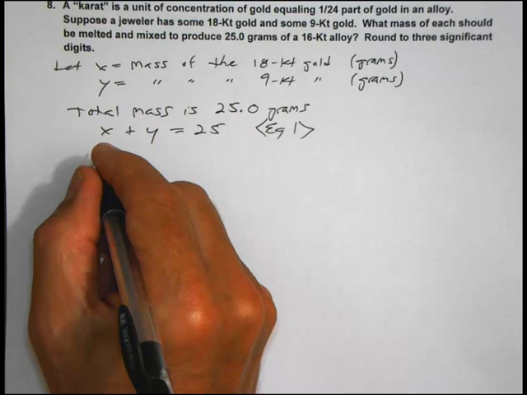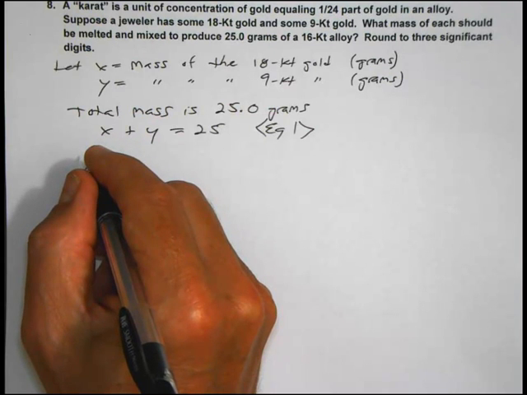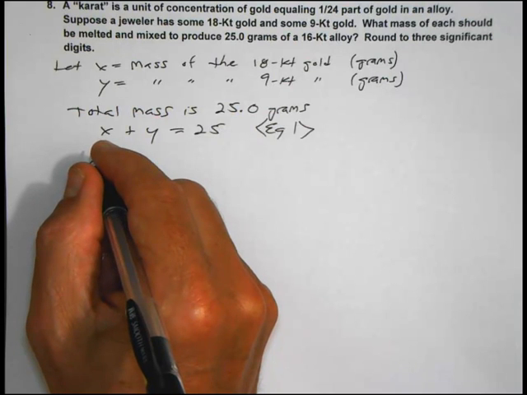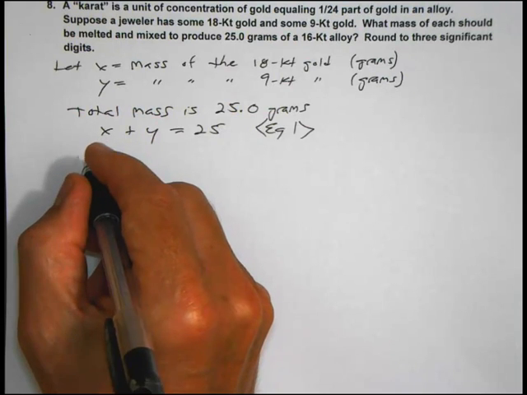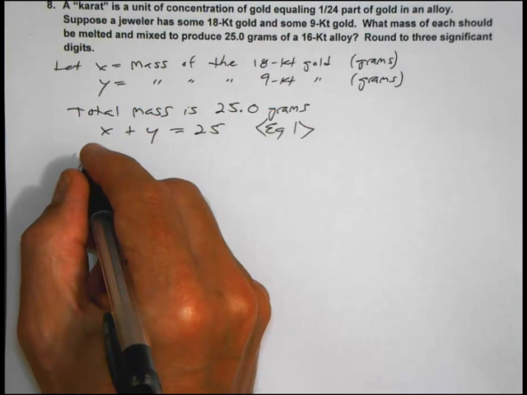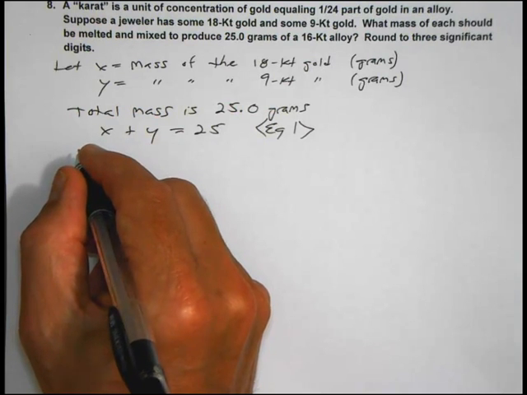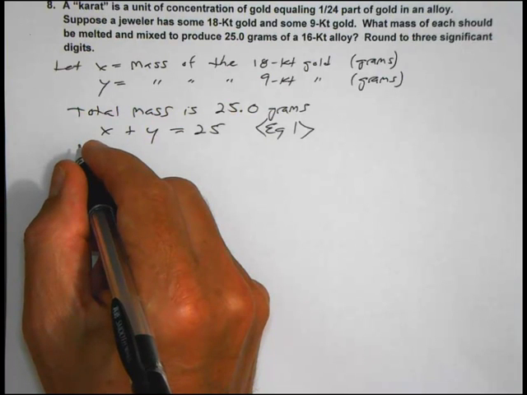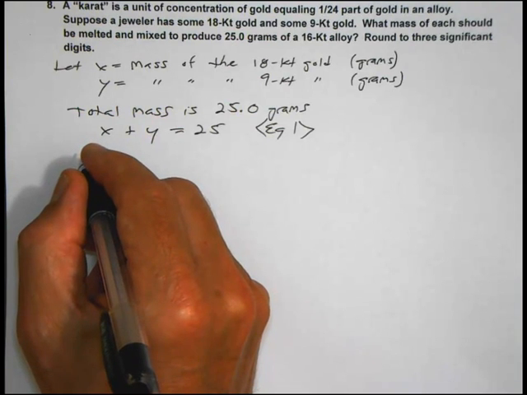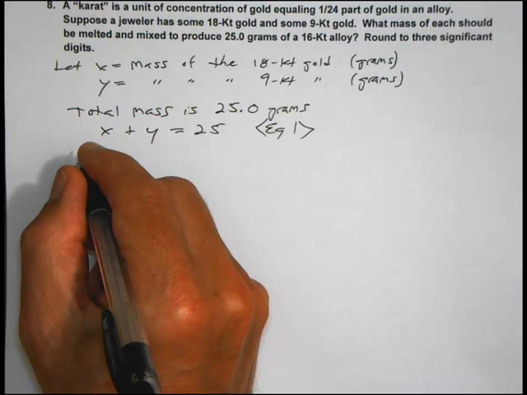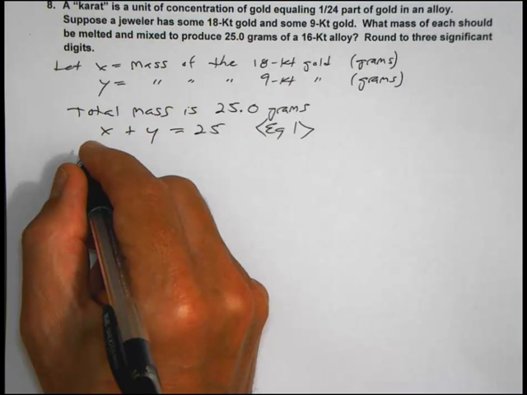Sometimes you find that, especially in mixture type situations, and really a lot of situations way beyond mixture, a conservation principle can be a great source of equations. Sometimes you find yourself using conservation of energy as a source of equation. Sometimes conservation of momentum will be your source of equations.